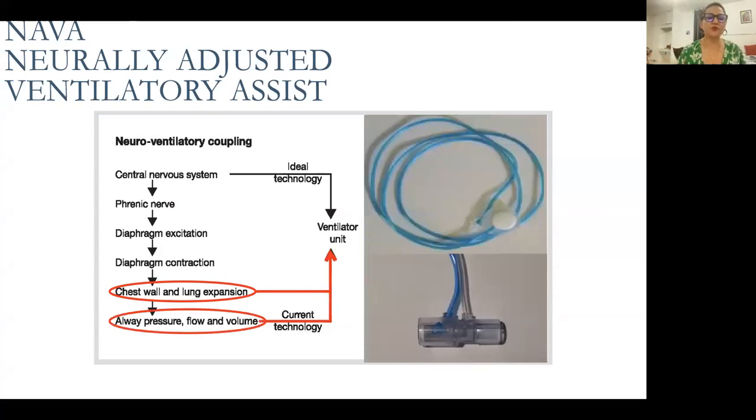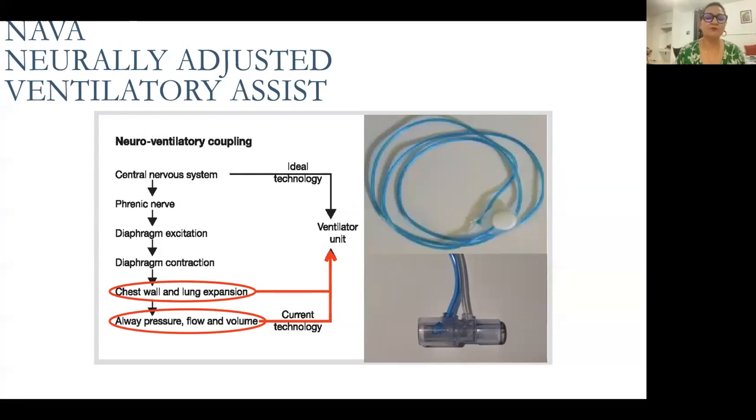And so we went to airflow, airway pressure, or the flow or the volume having a direct connection to the ventilator unit to tell the ventilator how much pressure is required to be delivered and when to be delivered to the baby.